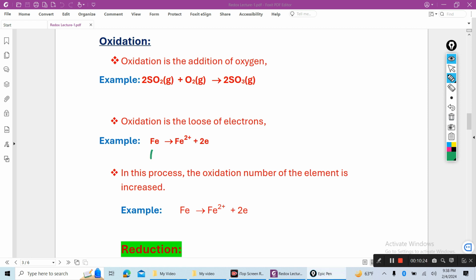You can show it this way: iron loses 2 electrons to form iron 2 plus ion. So this is also oxidation.